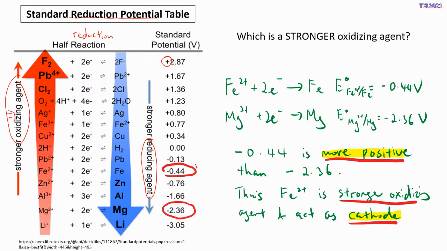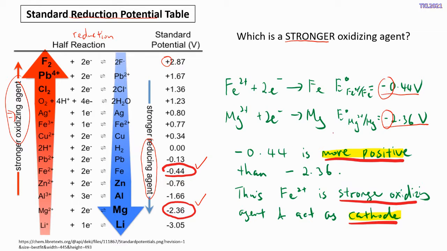Now I will compare both Fe2+ and Mg2+. The question is, which is a stronger oxidizing agent? Why do I purposely choose these two examples? Because I want you to understand the meaning of more positive or larger value.